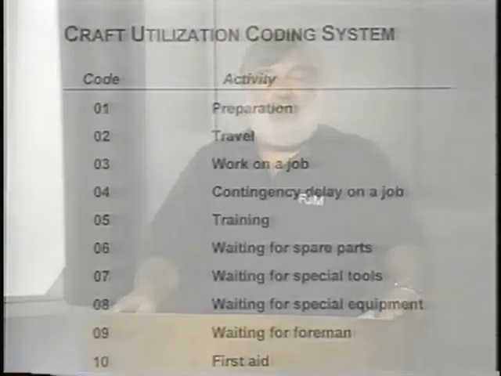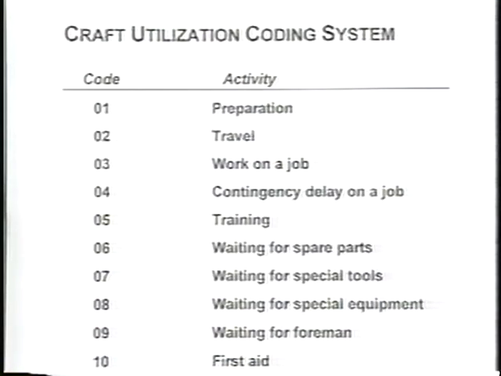Now, as indicated previously, on page number 7 is a craft utilization coding system. And the first item, 01, pertains to the preparation time. Now, there are other time elements that would have an impact on the storeroom. As an example, 06, a craft person is waiting for spare parts. Or 07, a craft person is waiting for special tools.